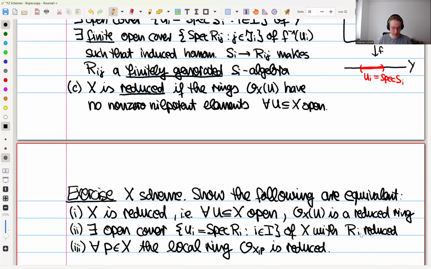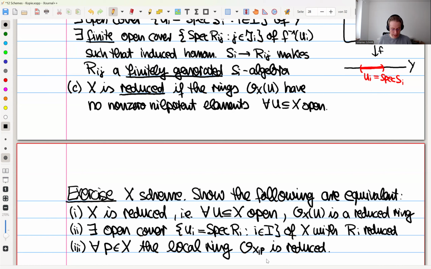And the third one is something which you can check locally at the stalks, namely that for any point P in X, this local ring, O_{X,P}, is a reduced ring. So for many properties, there are these kinds of equivalences saying something holds for any open, something holds for any open in a given cover, and something holds at the level of local rings.